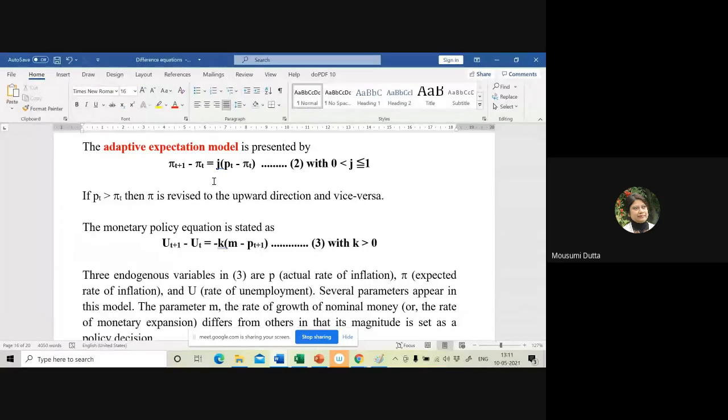Because I had guessed it would be 10%, however practically it was 12%. So I'll revise the matter accordingly. I'm adapting that in my future decision or prediction. This is the idea, where J is greater than 0 and less than 1. A proportion I'm considering, and I bring it in when I am revising the concept.